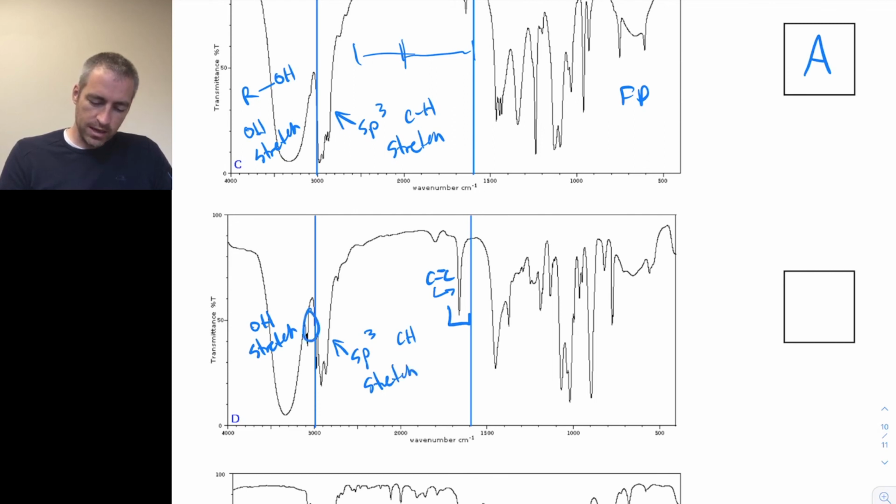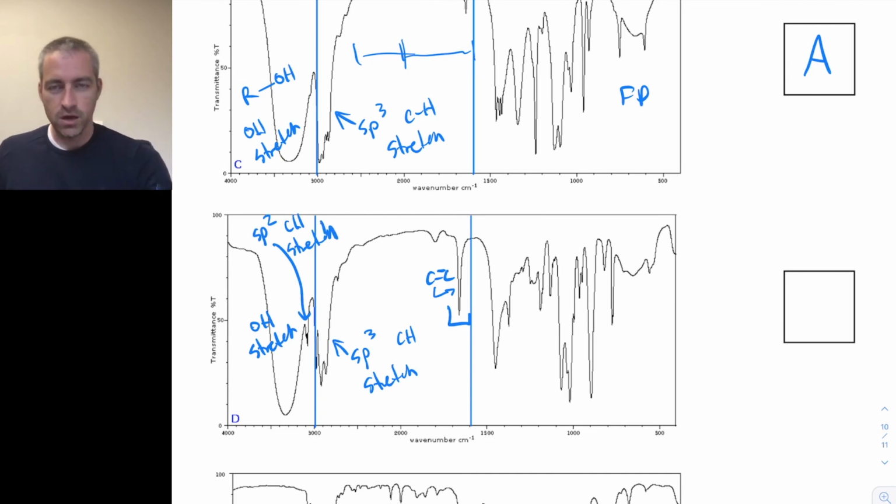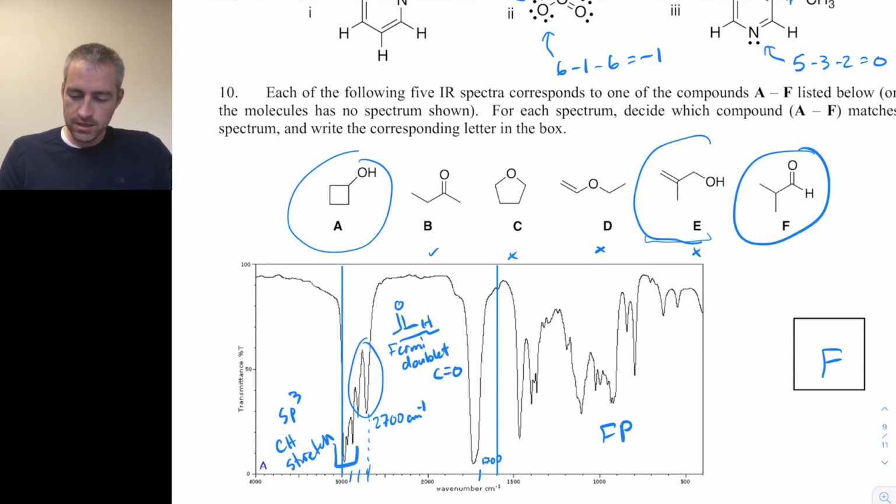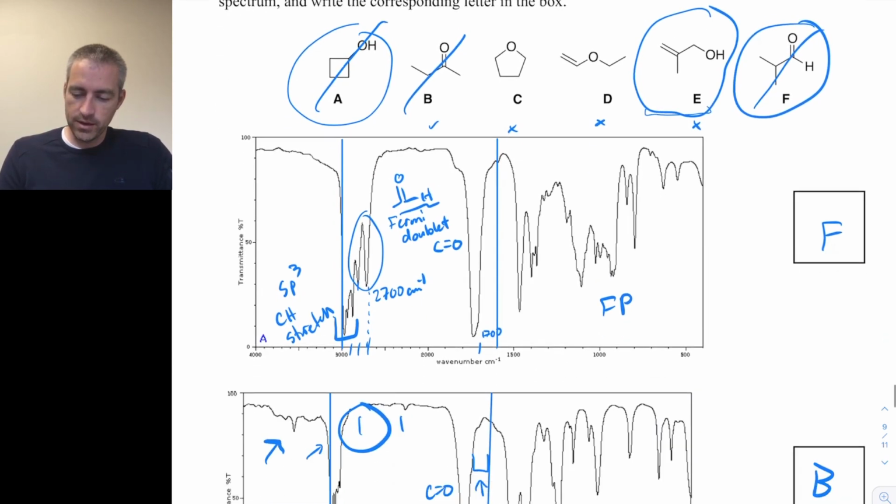But look at this peak in there. That one could be an sp2 CH stretch. So this looks more like an alcohol where there's also a carbon-carbon double bond, an alkenol, which if you look back at our list of options, matches up with E. We've already used these ones. So let's call that one E.